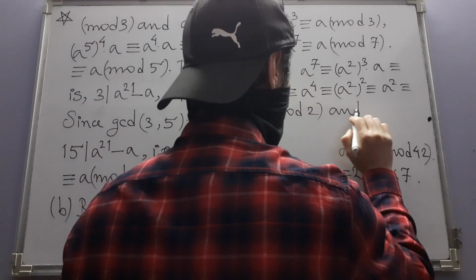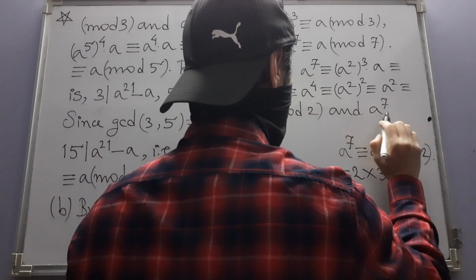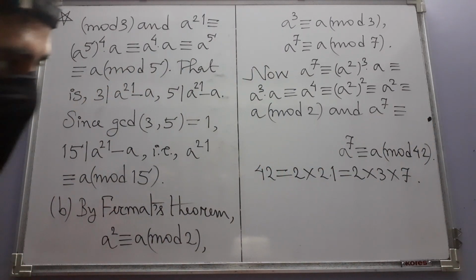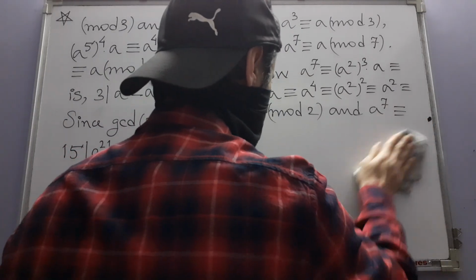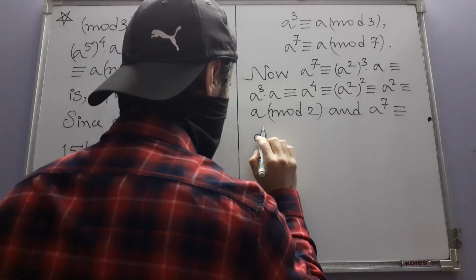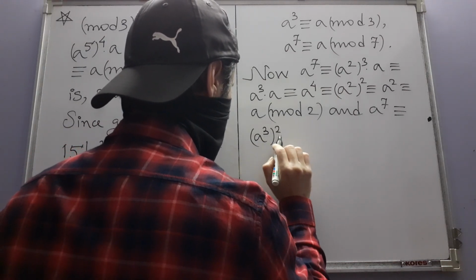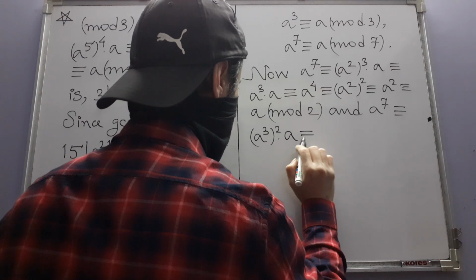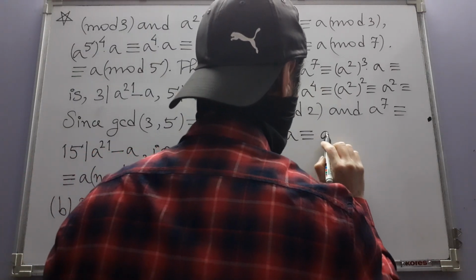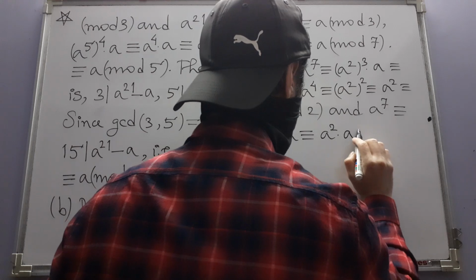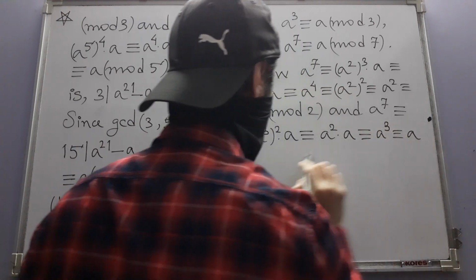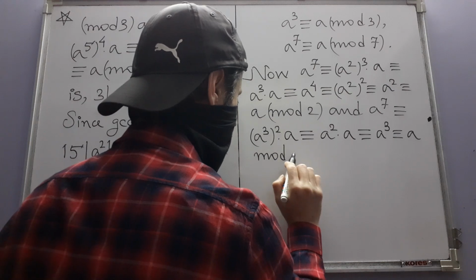And next we consider the prime 3. A cube is congruent to a modulo 3. So you can see that in this case also we are ultimately getting a.